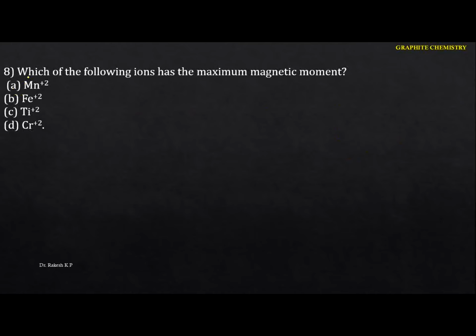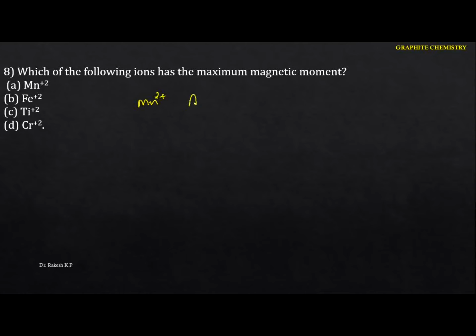Which of the following ions has the maximum magnetic moment? That means you have to identify the metal ion that contains the greatest number of unpaired electrons. Let me write the electronic configurations, the outermost here.